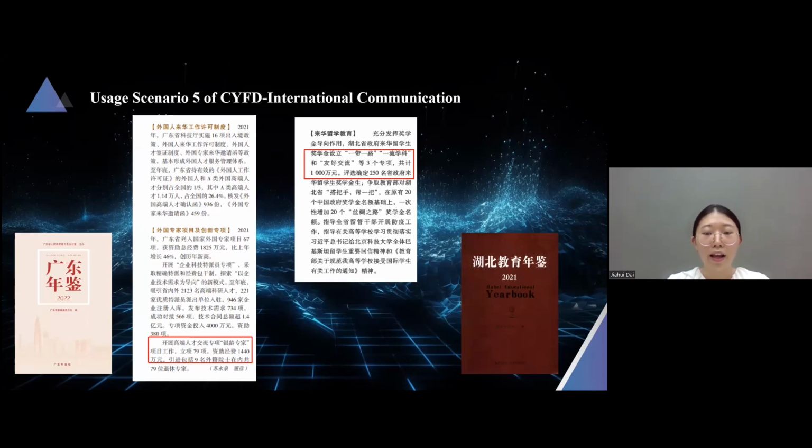From the Hubei Education Yearbook, we can see that the Hubei provincial government provided 10 million yuan scholarships for international students in China. Yearbooks provide detailed reference for overseas students and experts who want to come to China.